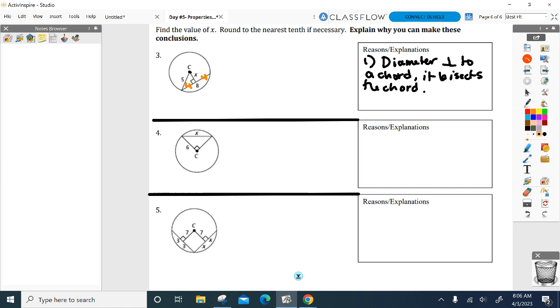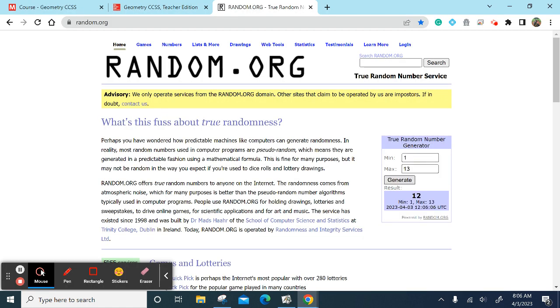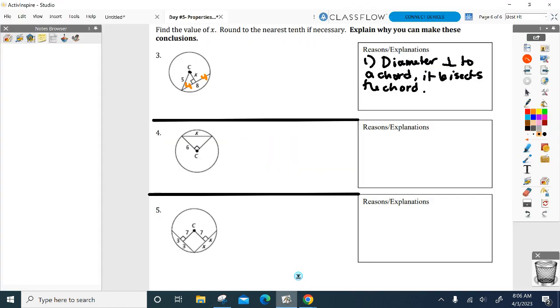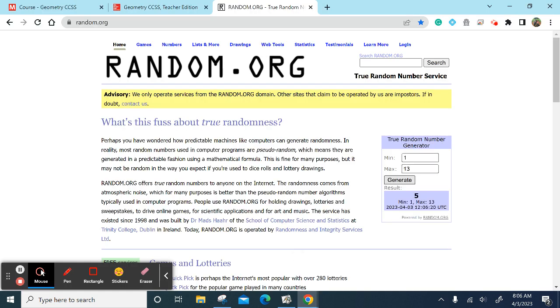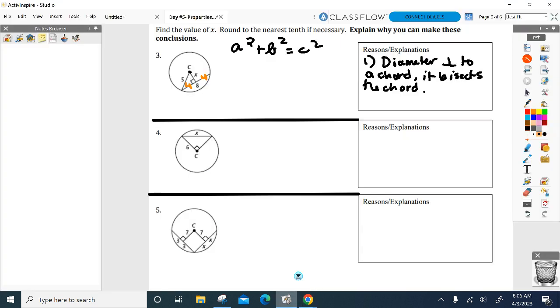All right, how are you going to find x now? It has nothing to do with circles, but we can use what? Pythag. There you go. But I don't get to Pythag unless I know this fact. All right, fill it in for me. 4 and 5, where's the x going? So it's 4 squared plus x squared gives 5 squared.